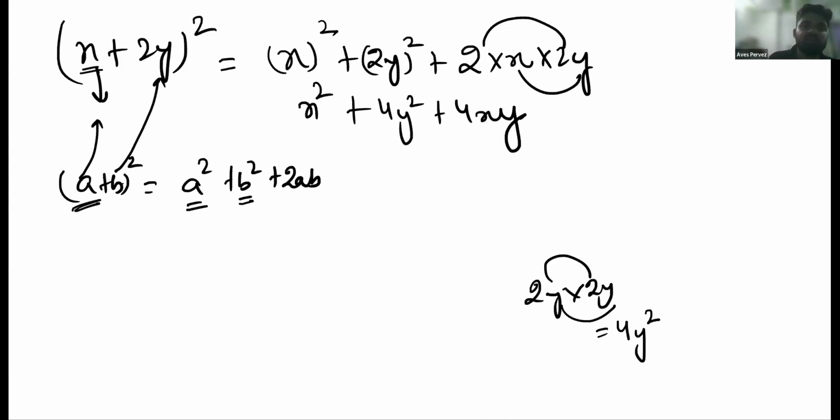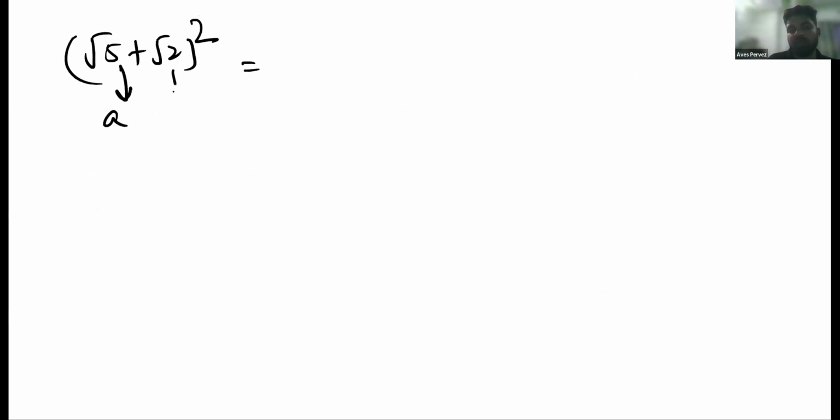If I have another number, suppose root 5 plus root 2 whole square, what will it give? This is a and this is b, so it is a plus b whole square. In place of a, what is written? Root 5. In place of b, root 2.